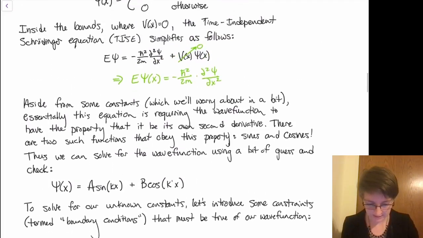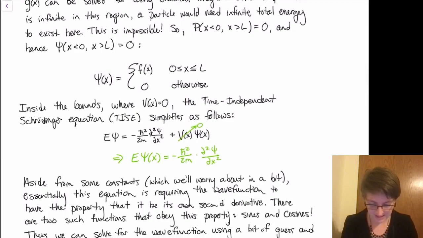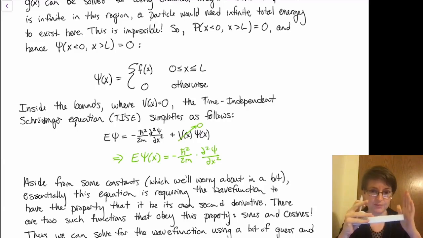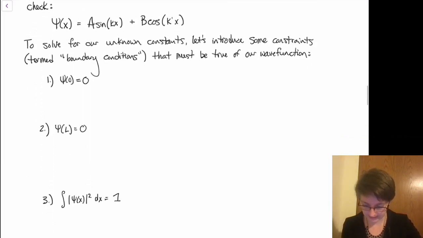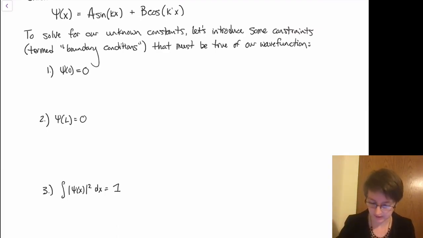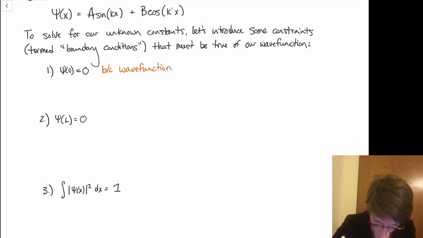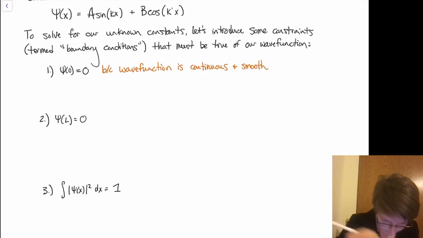Because we said that our wave function is equal to 0 at the points x equals L and x equals 0, f of x also has to be equal to 0 at those two points. So two of our boundary conditions are that psi of x equals 0 is equal to 0, because the wave function has to be continuous and smooth.